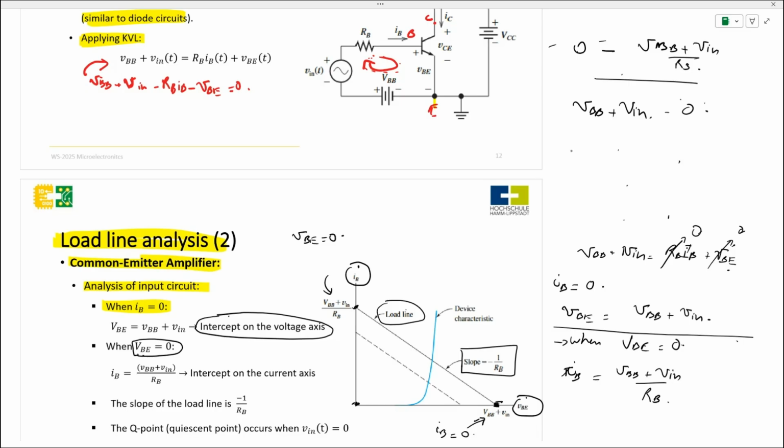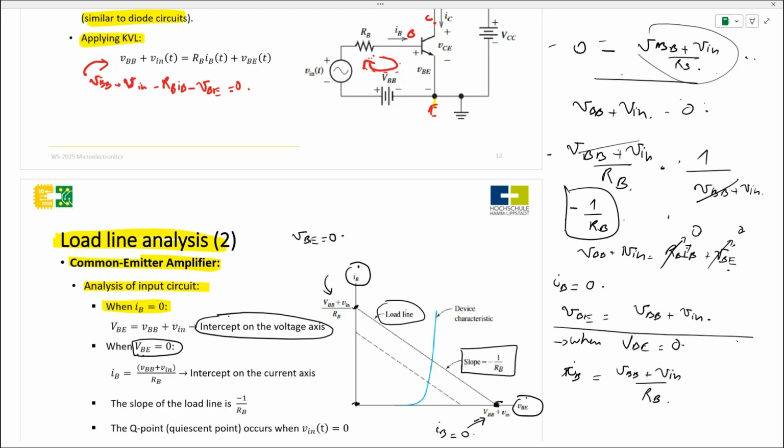So we have minus VBB plus Vin over RB, multiplied by 1 over VBB plus Vin. It's just this multiplied by 1 over this. So you will have in the end minus 1 over RB, which is our slope. This is how to find the slope of any equation.